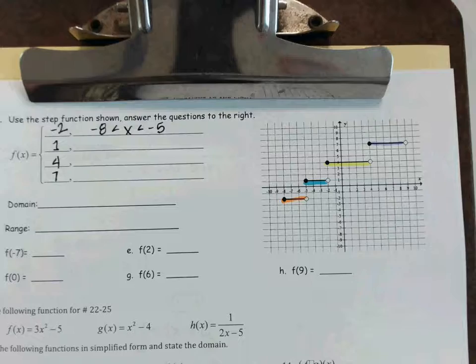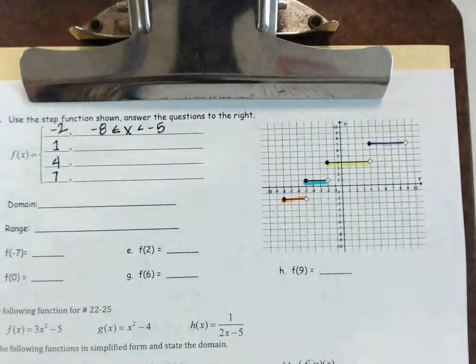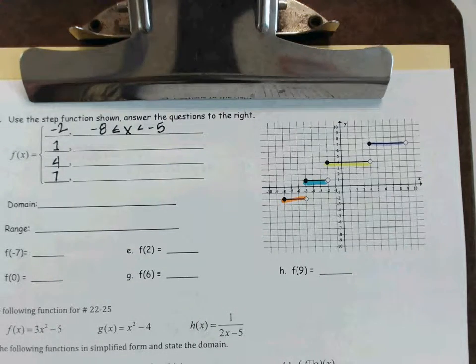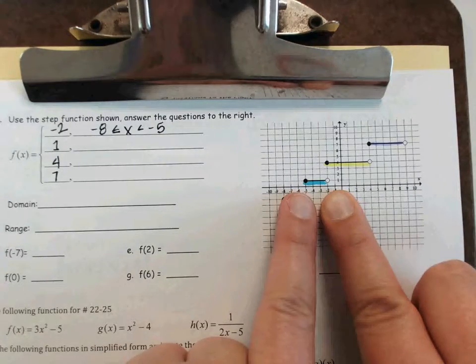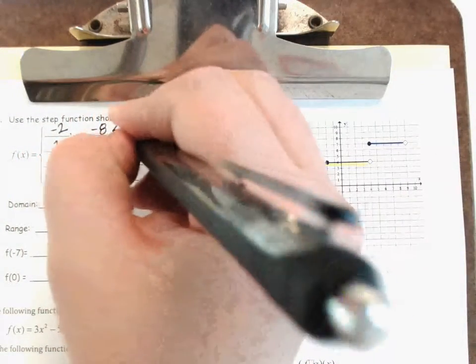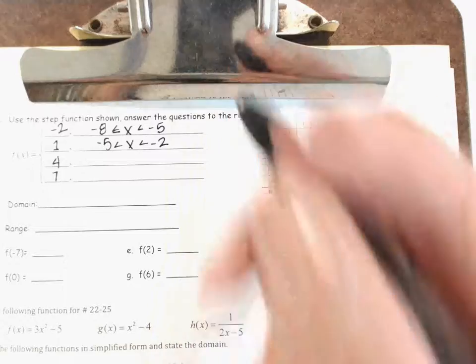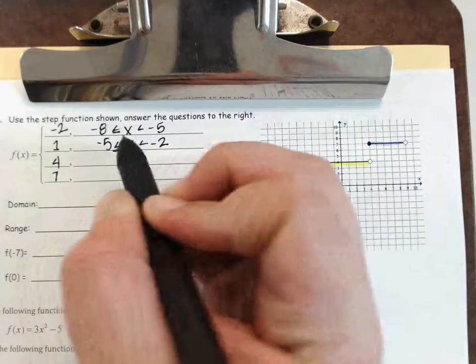How do I show that it's closed on inequalities? You put in equal to. Good job. Now look at your one step. That's my blue step. What are my x's on either end? -5 till -2. And which one should be closed? Yeah, -5.